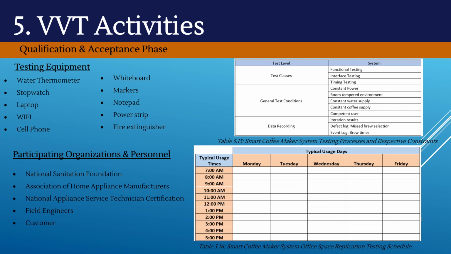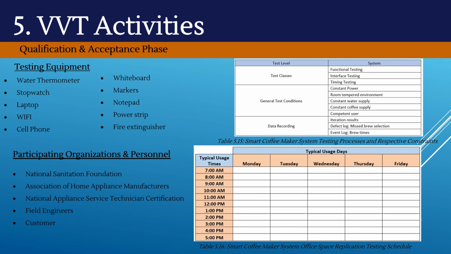We also listed the participating organizations and personnel that we might be working with to get some parts certified. Sometimes a component from the field engineers or National Appliance Service Technician. They have their own requirements, and we can utilize those to make sure that our system passes those.